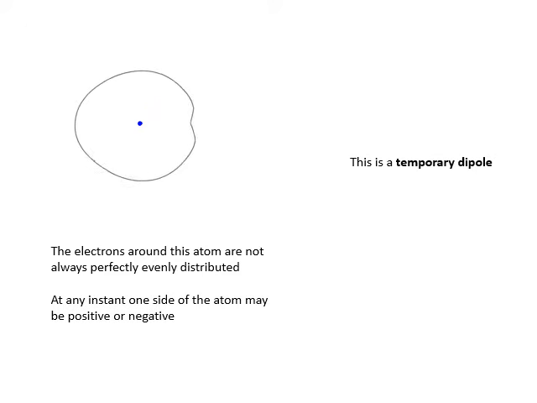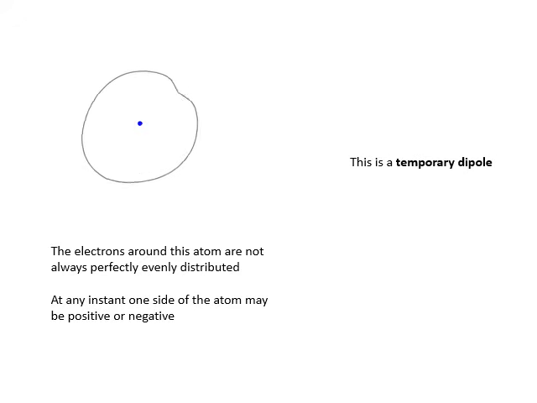Now, this is a temporary dipole. So basically, the electron is buzzing around the nucleus, but it's not always perfectly like a sphere. It's like a blob, and at any point in time, you might find the electron a bit more on that side, or a bit more on that side, or a bit more up.